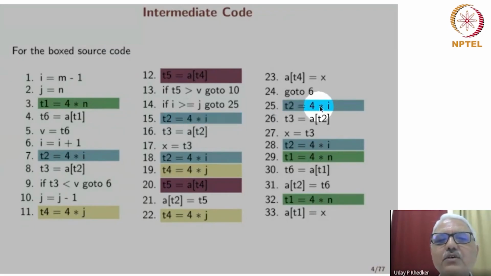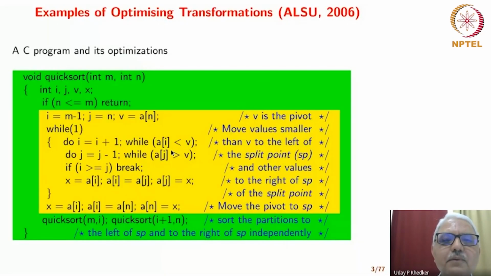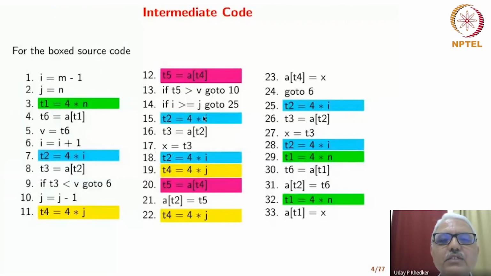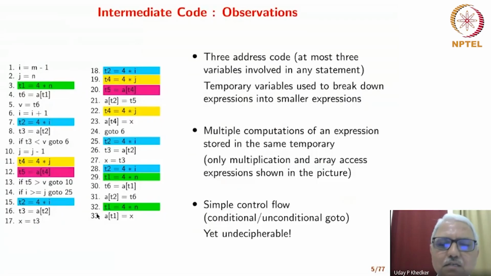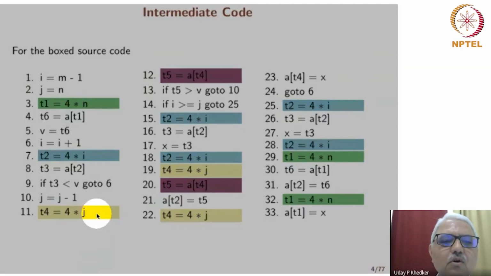Here also, and here also. So color blue represents t2 is equal to 4 star i, whereas color green represents 4 star n, and color yellow represents 4 star j.